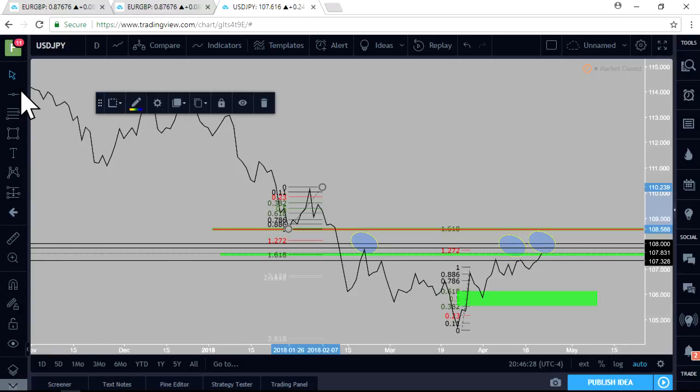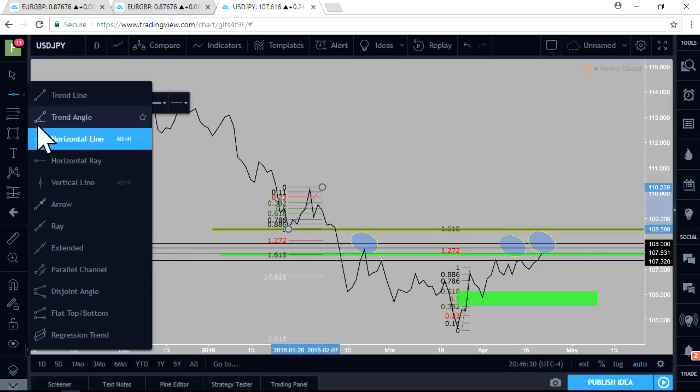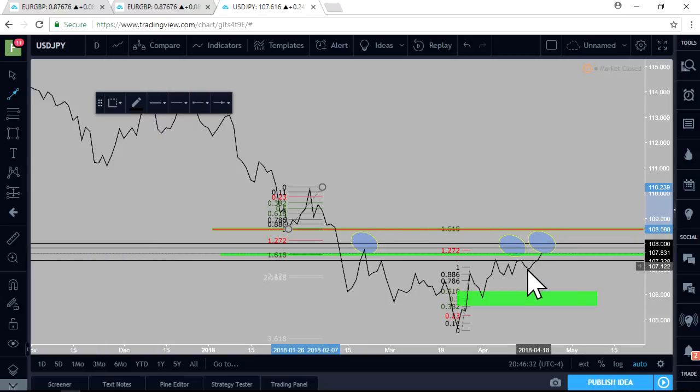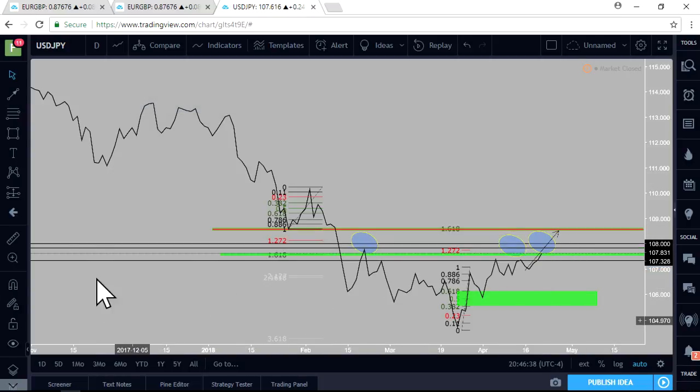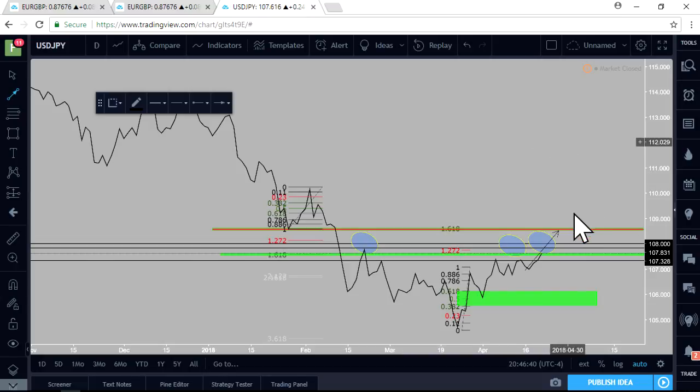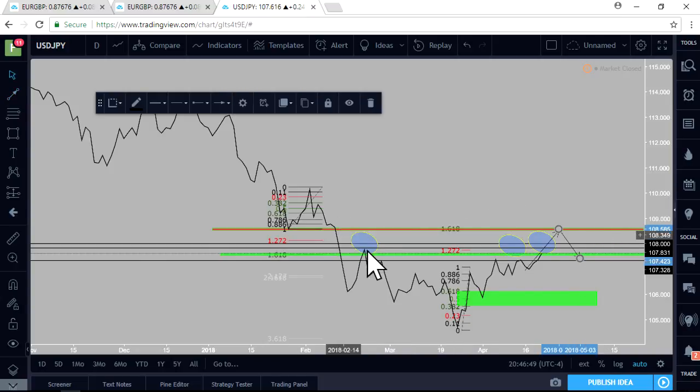If that market goes up to that level, if that market makes a move like this, then you should see a reaction off of that move, come back down to this level right around this zone here, and you ask yourself, why would it stop here? Well, that's going to be the first time that market is coming into that zone.